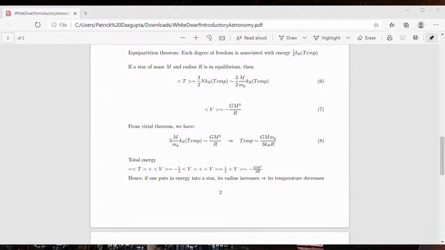Shubham is asking about the giant phase, well, giant means the size has become very large.